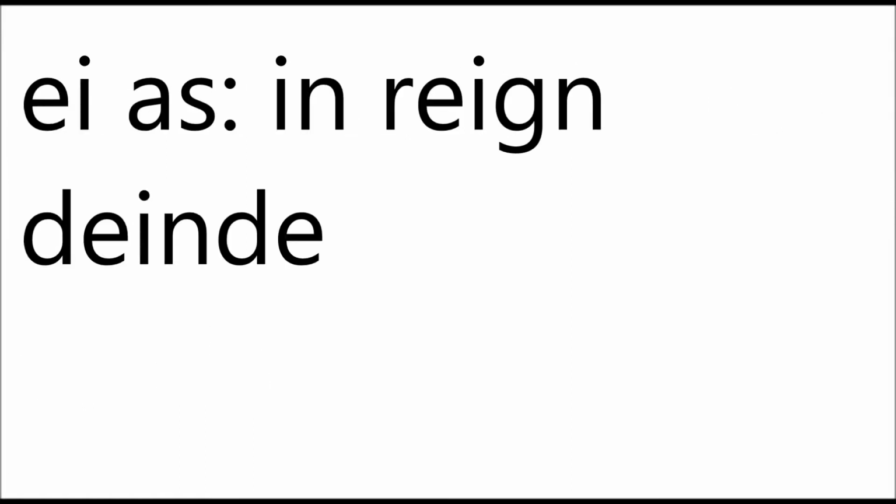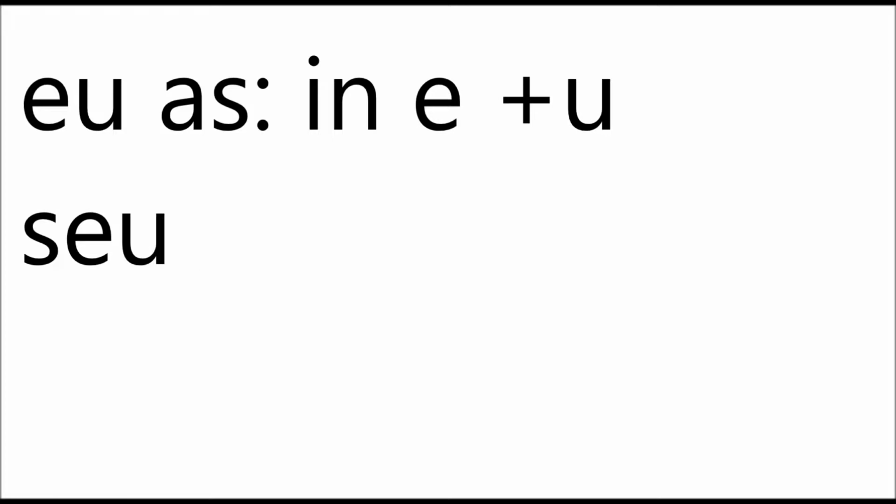The EI is the same as our word rain. The EU in Latin is E and U pronounced very quickly together. We don't really have a word like that in English, and it's actually not used a lot in Latin either.